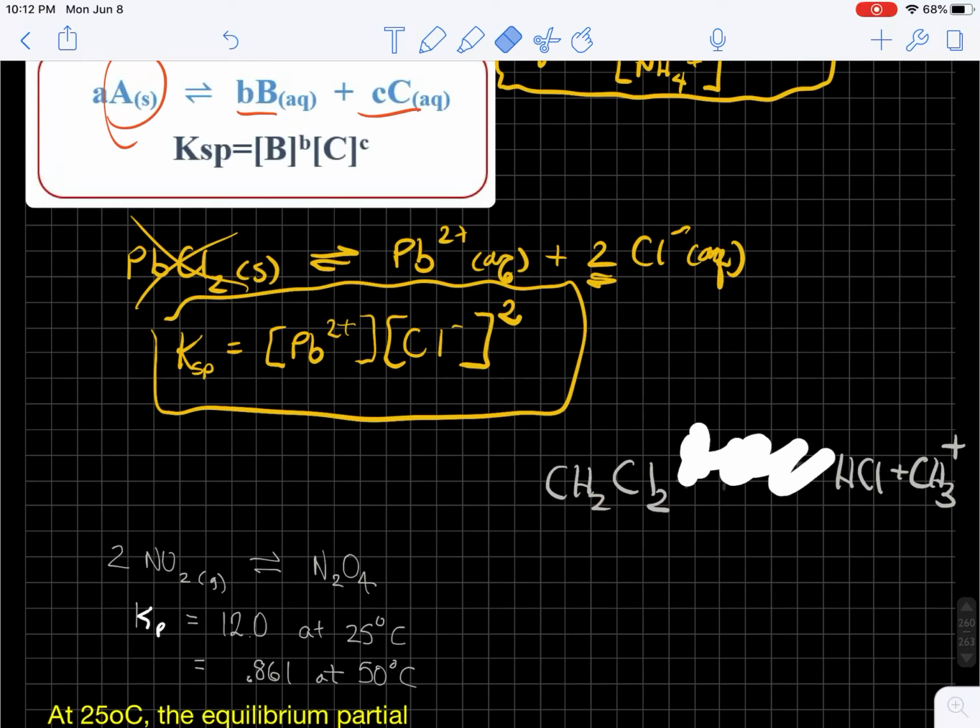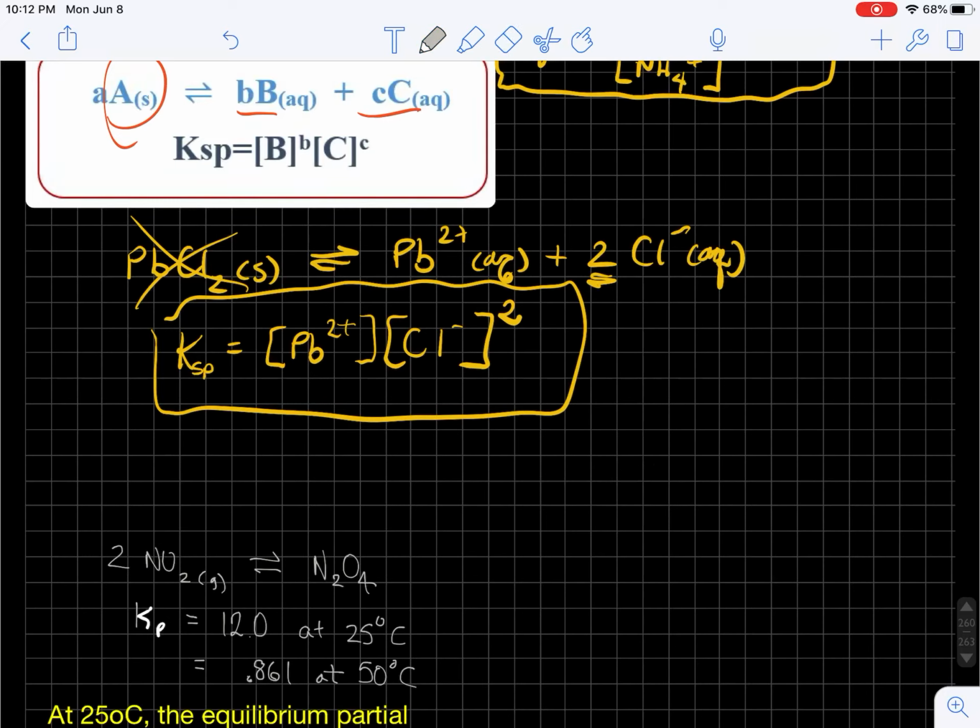In fact, let's simplify this. My goodness gracious, I'm making this harder than it has to be. You know, that is terrible. Let's get rid of, oh my goodness gracious. That's terrible.